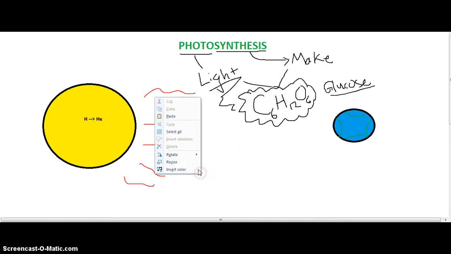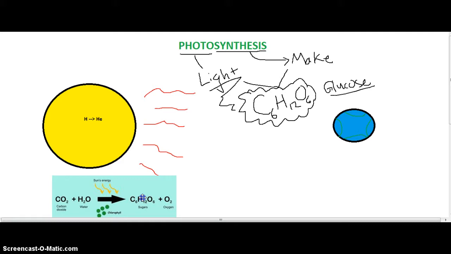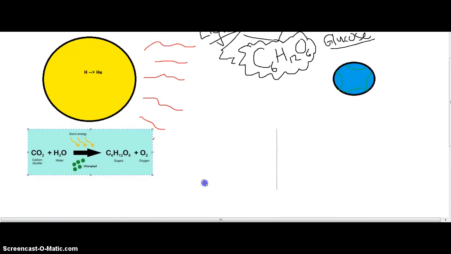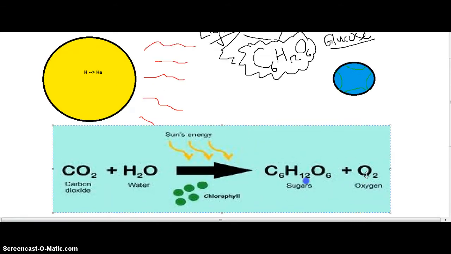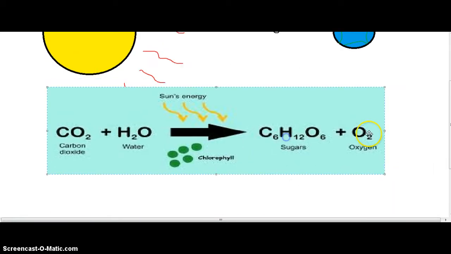So, just like cellular respiration, there is an equation for photosynthesis. And here you have it. Carbon dioxide plus water. Remember that the arrow represents a chemical reaction.